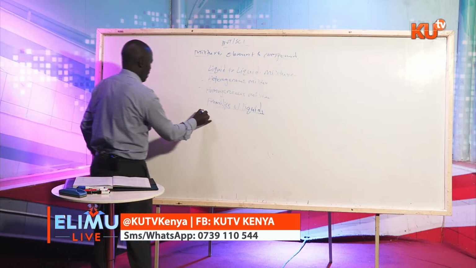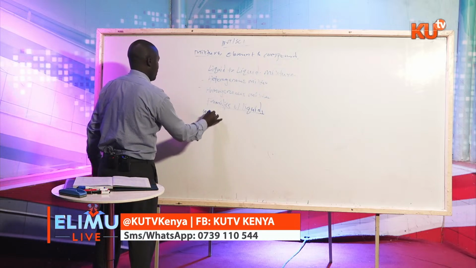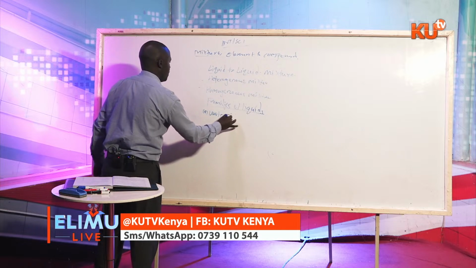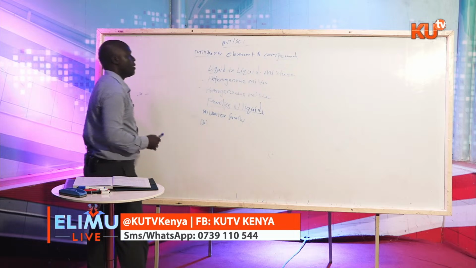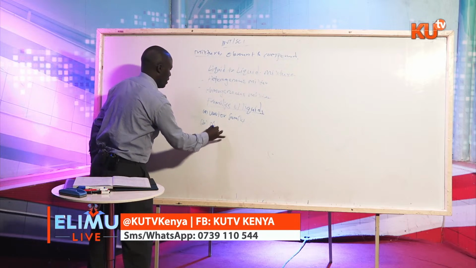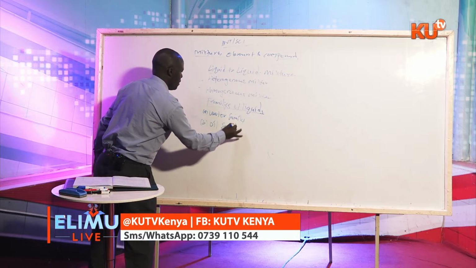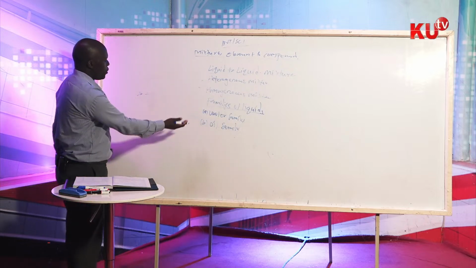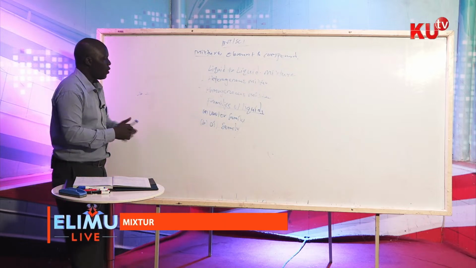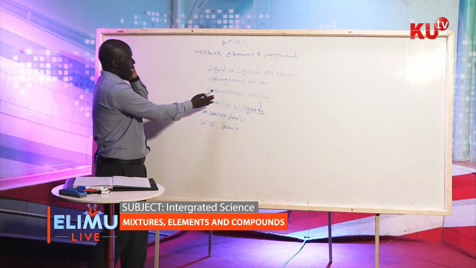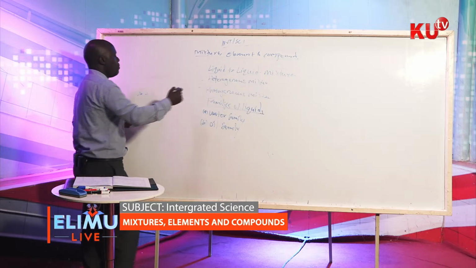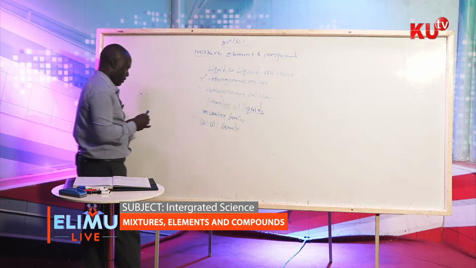The first one is the water family. The second one is what we call the oil family. When these two are mixed together, we can come up with what we call heterogeneous or homogeneous. I will start with how to form a heterogeneous mixture.